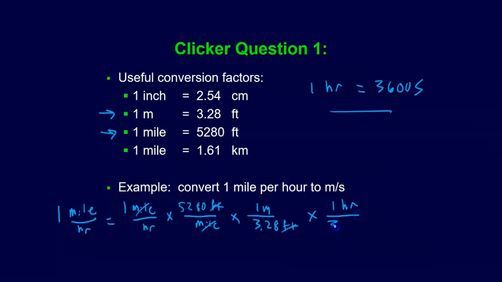So 1 hour divided by 3,600 seconds. And then the hour will cancel the hour. Okay, and so the only units left standing are meters per second. And when I go through and do this, I got 0.447 meters per second. So an interesting note is that 1 mile per hour works out to be about a half meter per second. But again, just an example of something that we might do to get units back and forth like this.